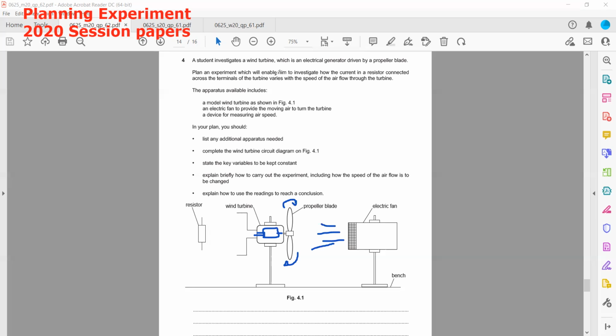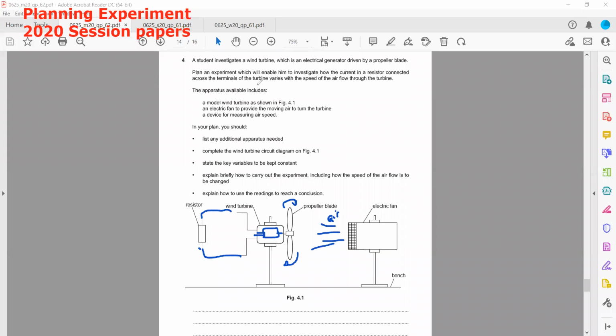We have to plan an experiment which will enable him to investigate how the current in the resistor connected across the terminals of a turbine varies with the speed of airflow. Like, what is the effect of changing the speed of airflow on the current produced in the resistor that the student wants to investigate.